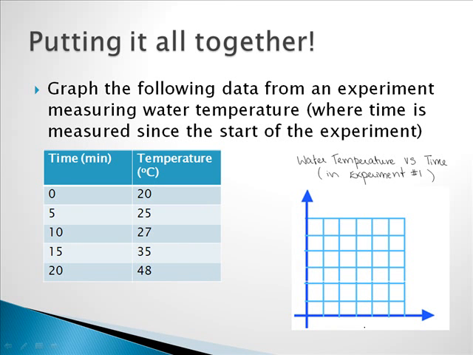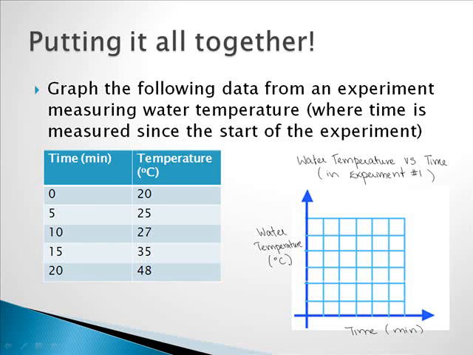Next, let's go ahead and label our horizontal axis. So again, this corresponds to our independent variable, which is time, and we specify that we're measuring it in minutes. And for the vertical axis, this corresponds to water temperature, and again, this is being measured in degrees Celsius.